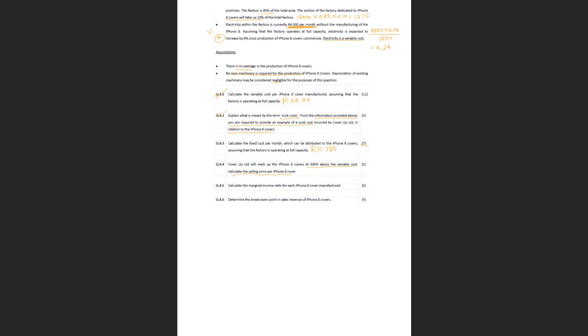So you're going to work out the selling price per cover. So it's above the variable cost, which means we need to look at the variable cost from question one. That was 33.99. And to calculate a selling price, the formula, I'm writing it at the top, is to take the cost price and multiply it, we saw it in example in question 4.4, by 100 plus the markup over 100.